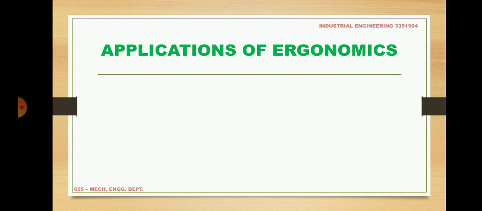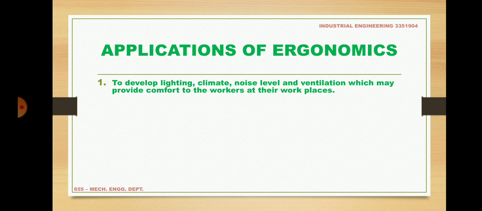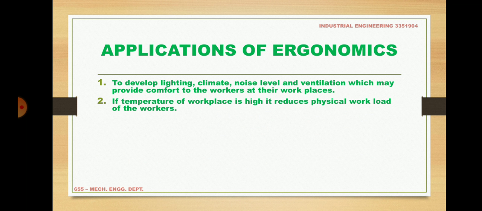Now, what are the applications of ergonomics? To develop lighting and climate, noise level and ventilation which may provide comfort to the worker at their workplace. So it's an implementation of a new level of safety with atmosphere. If temperature of workplace is high, it reduces physical workload of the worker.